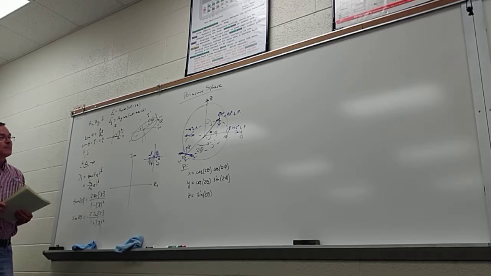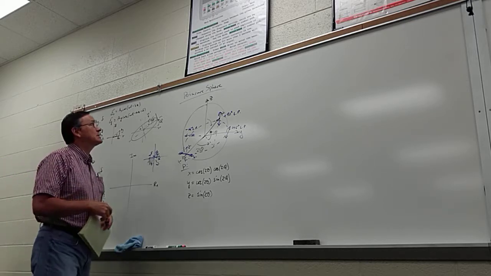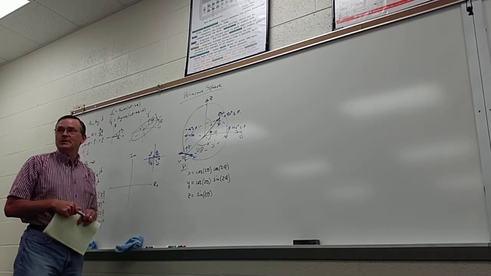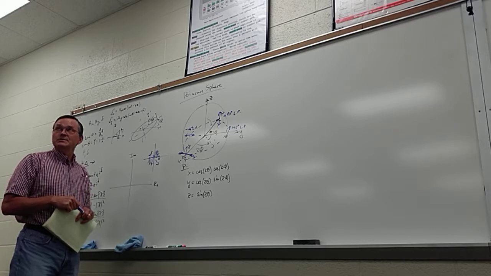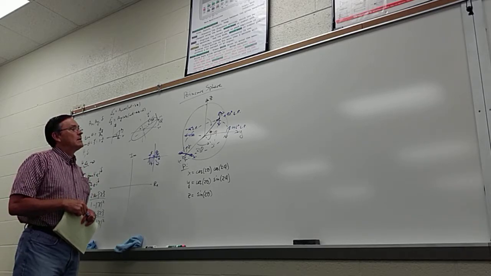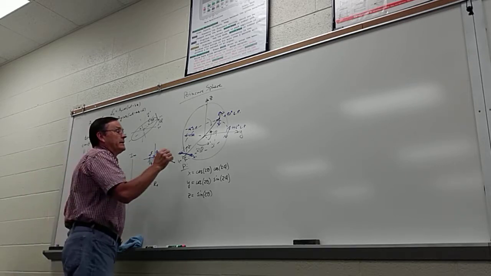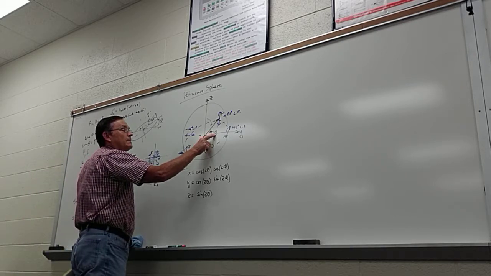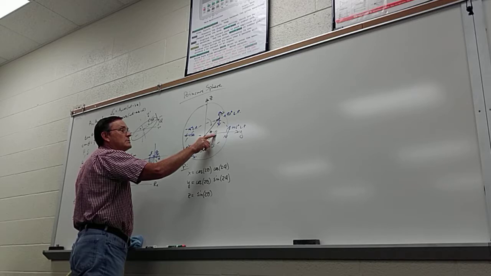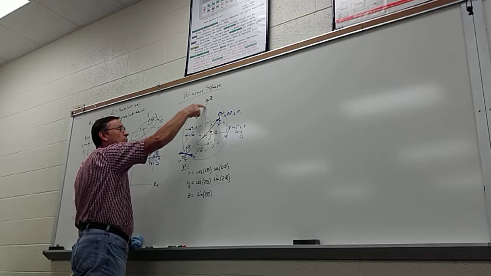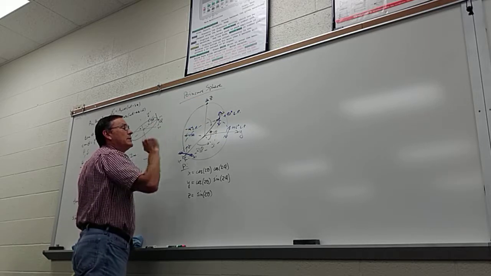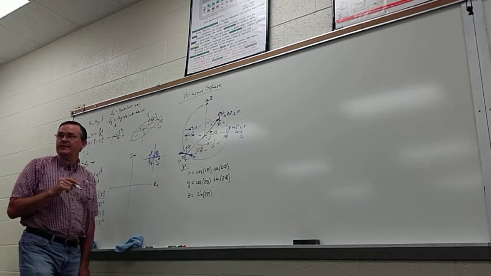All right, so I don't want to spend too much time on the Poincare sphere because we're not going to use it much. We'll use it a little bit, but not a whole lot. But if we go to two times the ellipticity angle, so that we're here on the North Pole, then that means theta is 45 degrees.